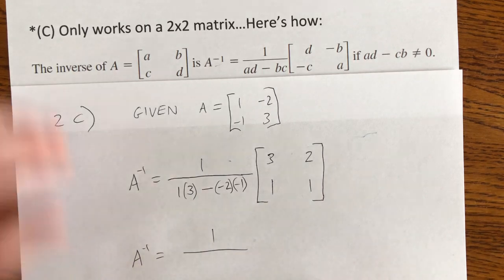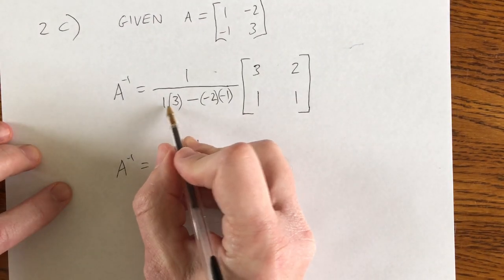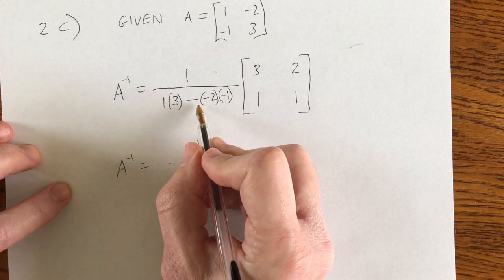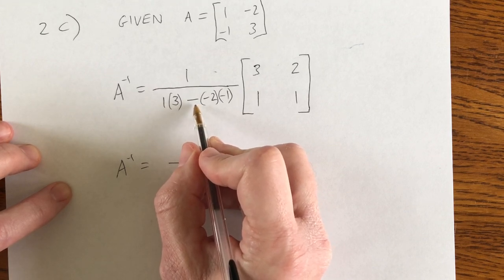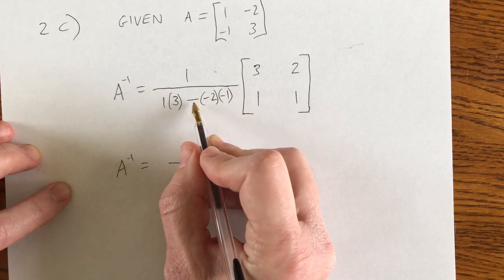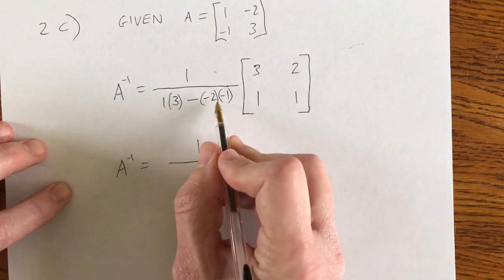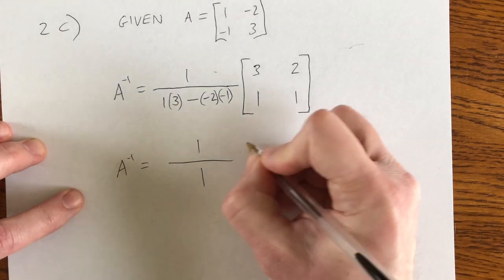Well, we get what? 3. This is challenging. A negative times a negative times a negative is a negative, negative 2. So 3 minus 2, folks. 3 minus 2 is 1.